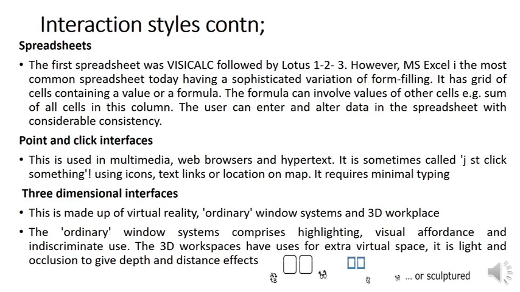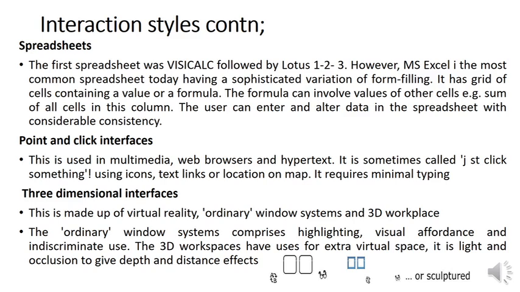Point and click interface. This is used in multimedia, web browser, hypertext. It is sometimes called just click, using an icon, text link, or location on maps. It requires minimal typing. Three-dimensional interface. This is made up of virtual reality, ordinary window system, and 3D workplace.